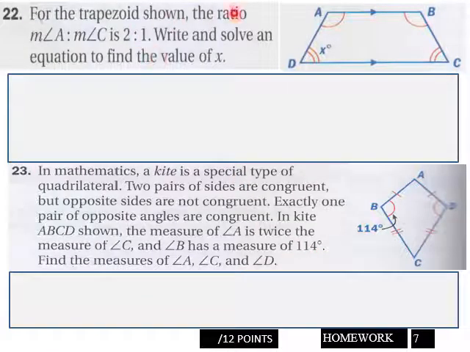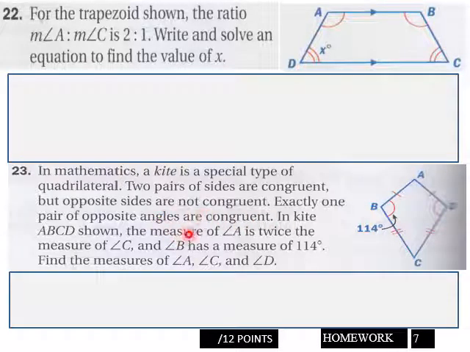Page 7, you got trapezoid here, you got measures here. Write and solve an equation and find the value of x. And then 23, a kite is a special type of quadrilateral. 2 pairs of sides are congruent, and that would be these 2 here, these 2 up here.